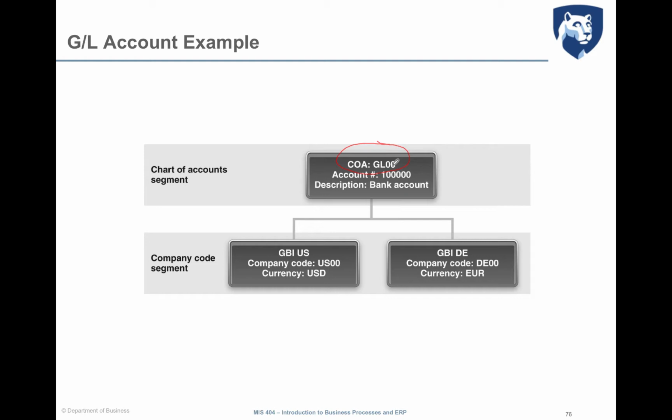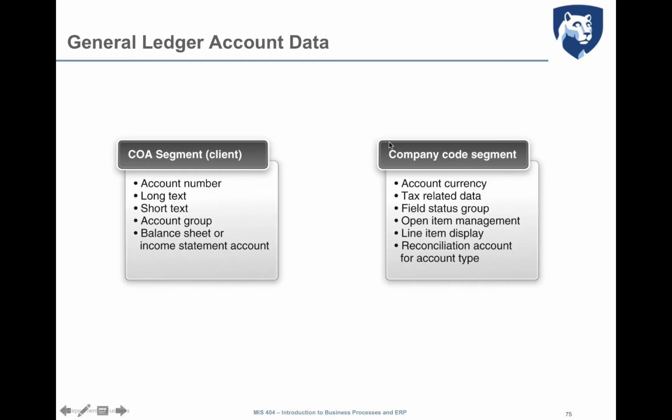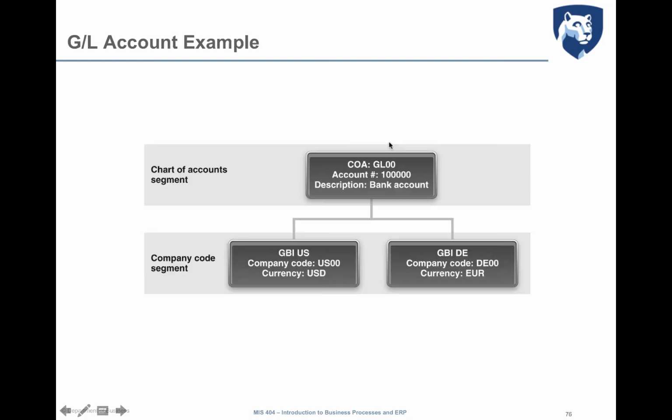So GL00 is a chart of accounts created and used for all the companies in the enterprise, the main chart of accounts. Okay. GBI, in this example, does not use country-specific or group chart of accounts.